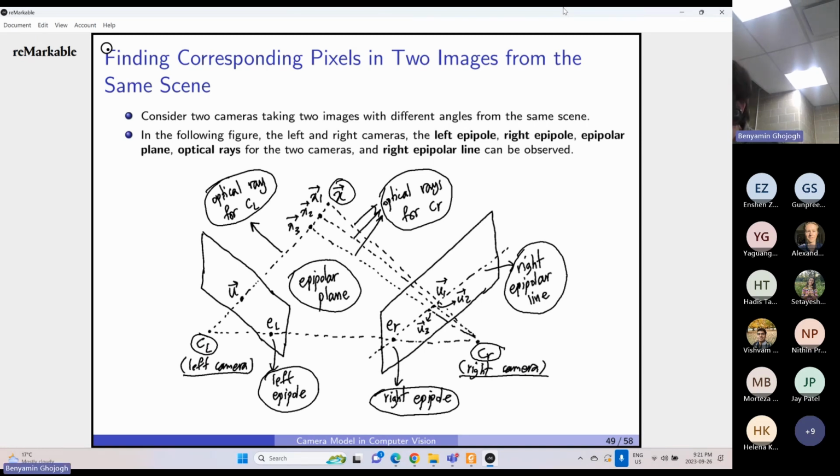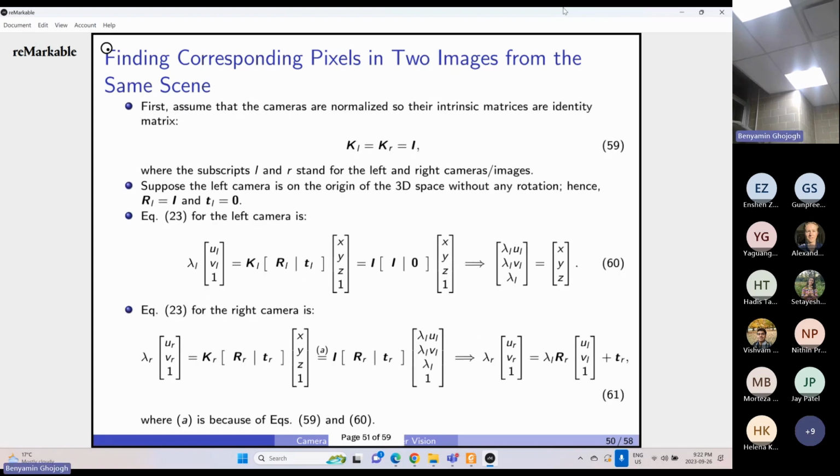So we have two cameras taking some picture from the same scene. The goal is finding corresponding pixels in the two images from the same scene. First, assume that the cameras, for now, we will relax this assumption, are normalized and their intrinsic matrices are the identity matrix.